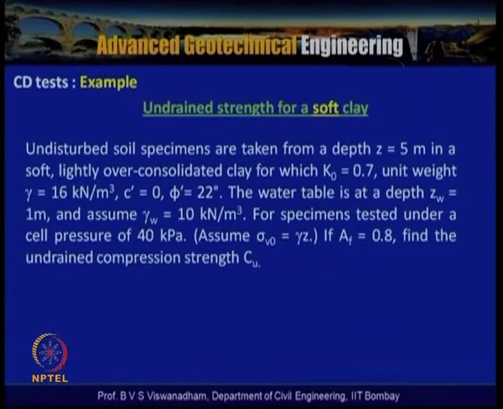For specimens tested under a cell pressure of 40 kilopascal, assume that sigma V naught is equal to gamma Z, and if AF is equal to 0.8, find the undrained compression strength Cu. Here AF, the effective stress parameter, the Skempton stress parameter at failure, is given as 0.8.